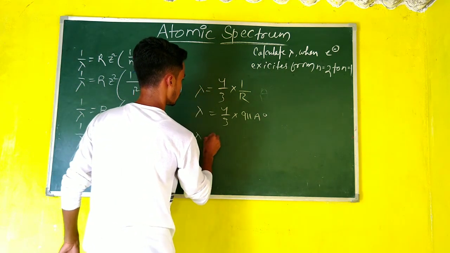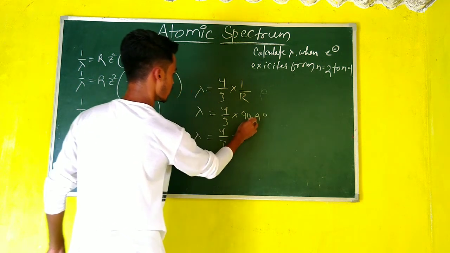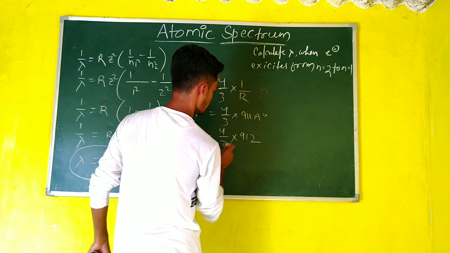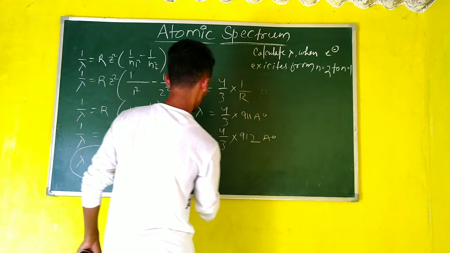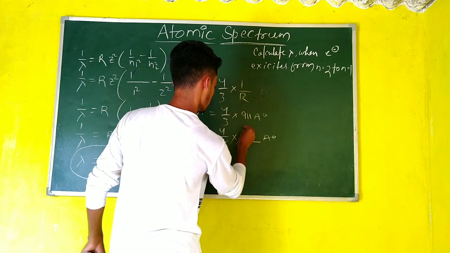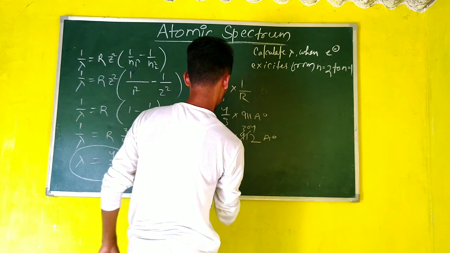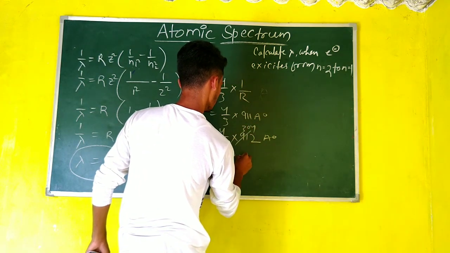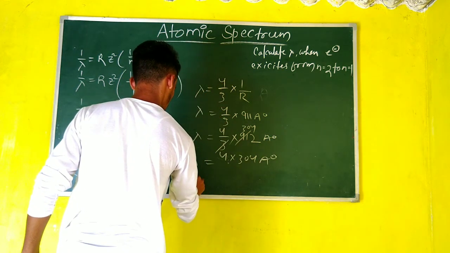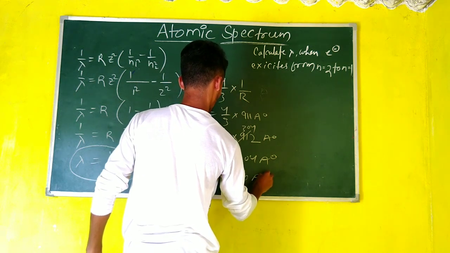Then lambda equal to 4 by 3 into 912, approximately, angstrom. Then lambda equal to 4 by 304. Then students, 4 into 304 angstrom, lambda equal to 1216 angstrom.